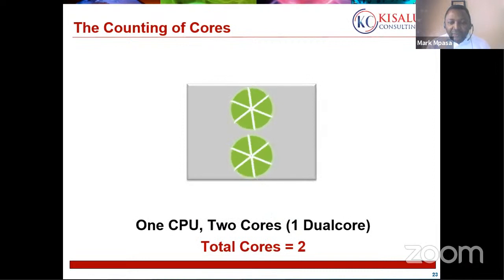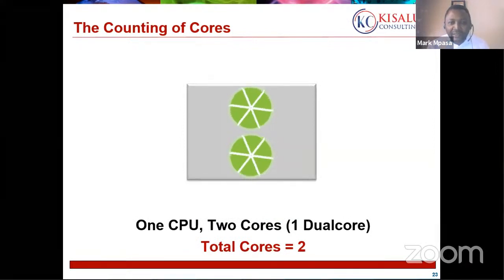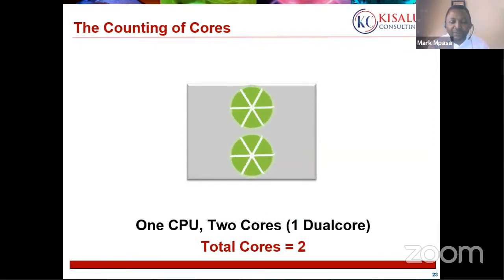Then the race for getting more performance, more cores slotted into a chip, continued, as we've seen in 1996 and 2006. So if you have a system which has one CPU and two cores, which is called dual core, then the total cores that you will license as per the IBM licensing system will be two cores.